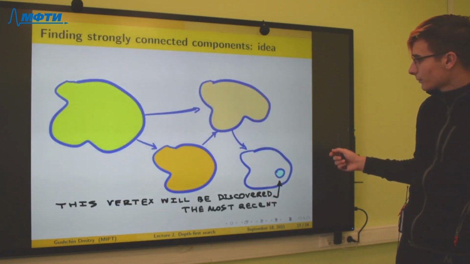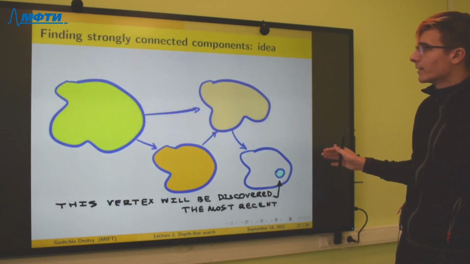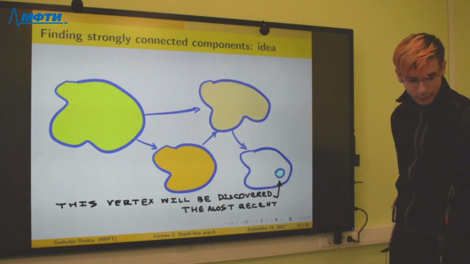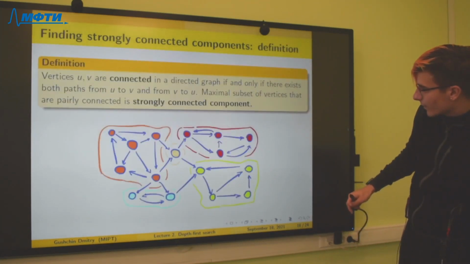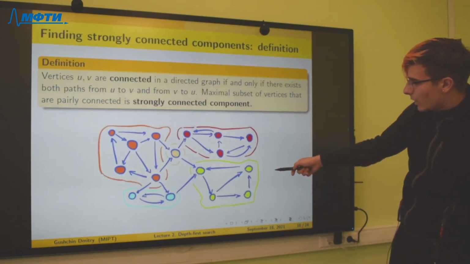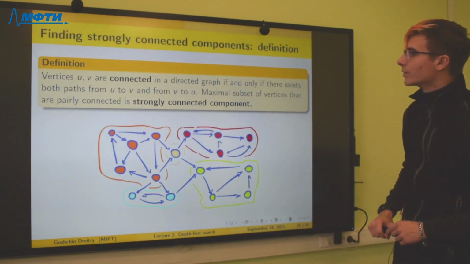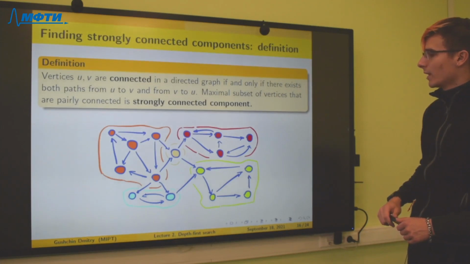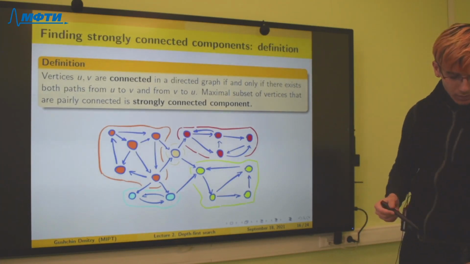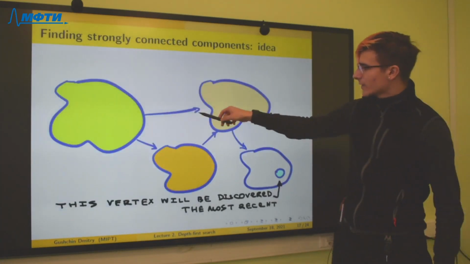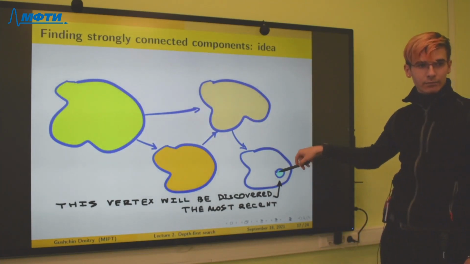So about finding these components, as we can see on the previous slide, if we draw each connected component as one vertex, we see a directed acyclic graph.